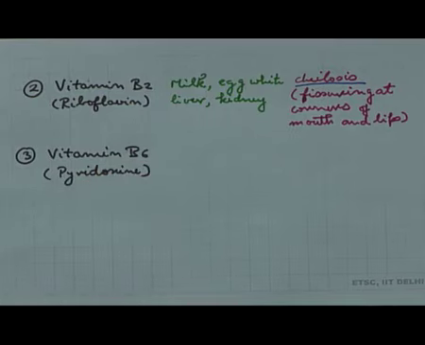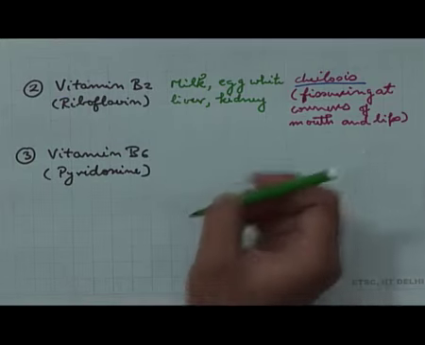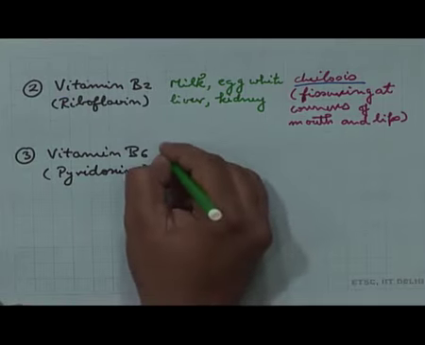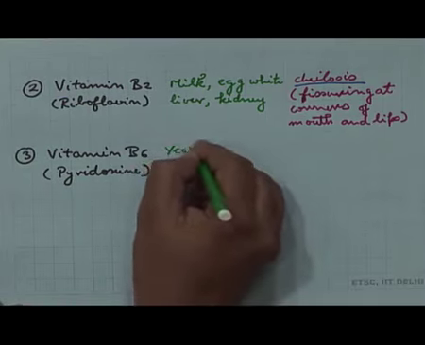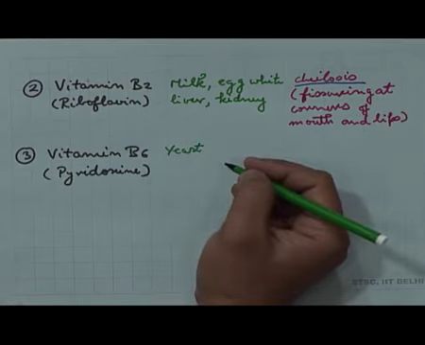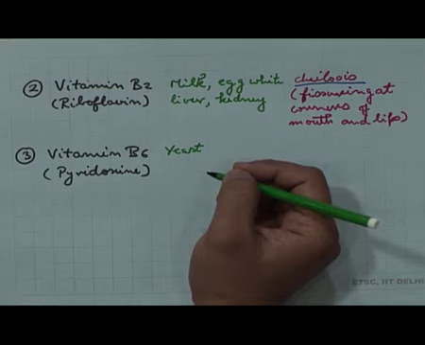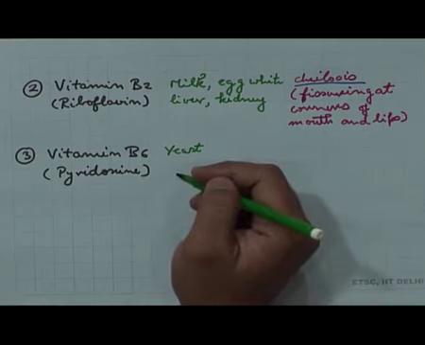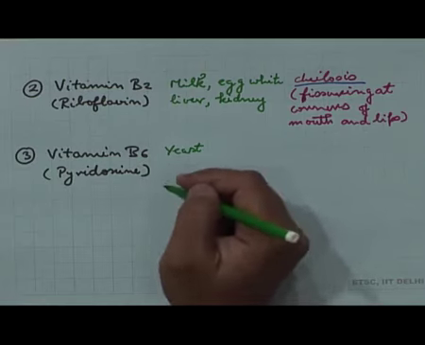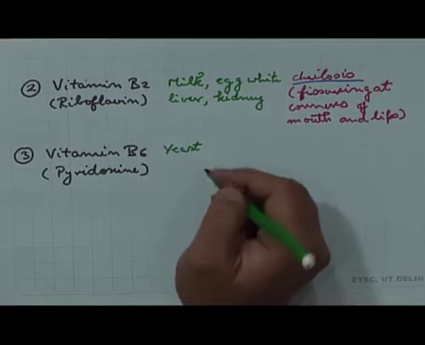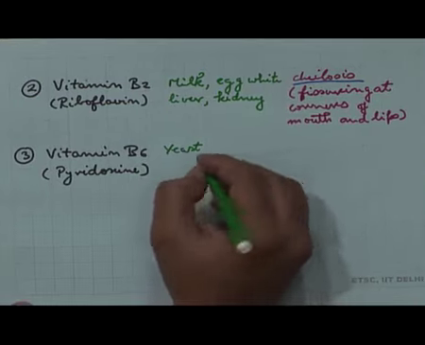Pyridoxine is obtained from yeast. So, if you take yeast in your dietary content, then you can compensate thiamine as well as pyridoxine, vitamin B1 and vitamin B6.